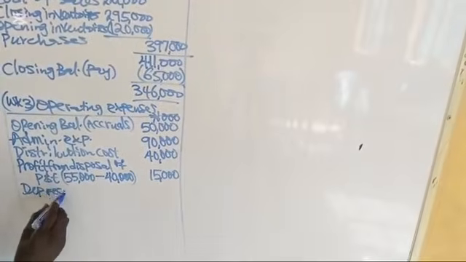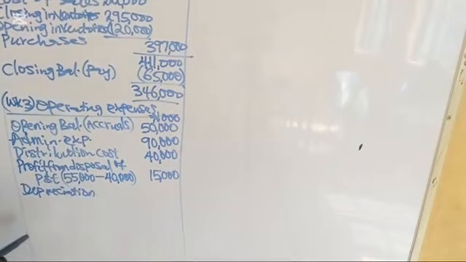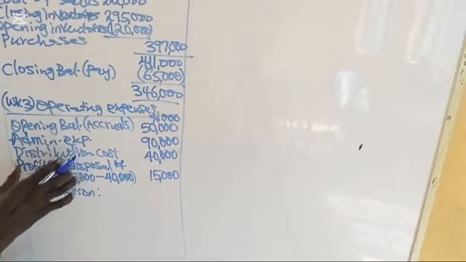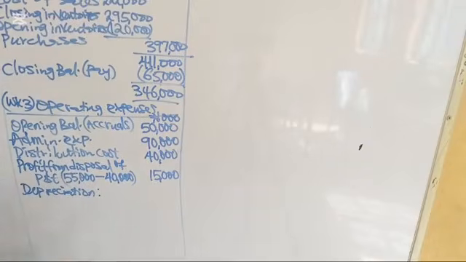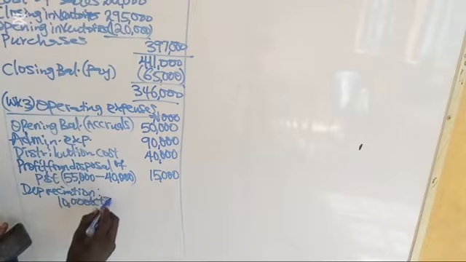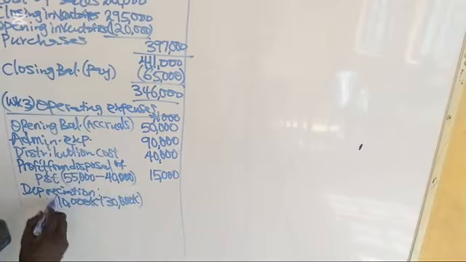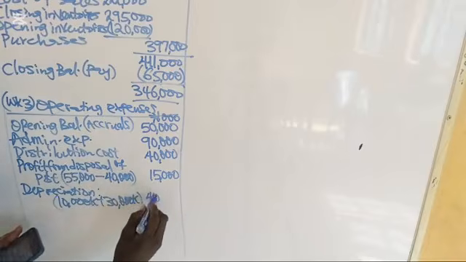Since depreciation is not cash, it's not a cash flow, we have to remove it from there. How much is it? 10 million plus 30 million, the depreciation totals 40 million.